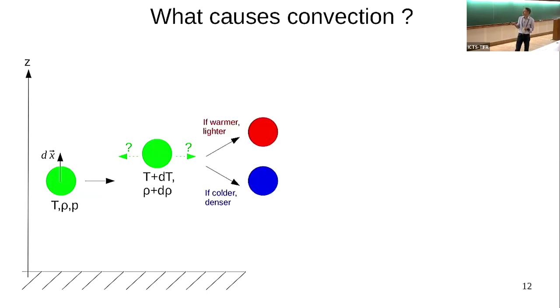If this parcel of air is warmer, or lighter, it will go up. If it's colder, or denser, it will go back down to the original level. So to have convection, we need something warmer or lighter so that if I push it up a little bit, it will naturally go up. I think this is the idea of instability.